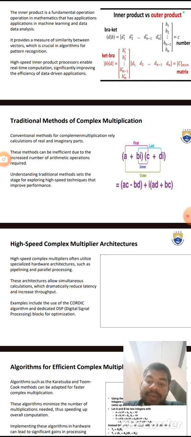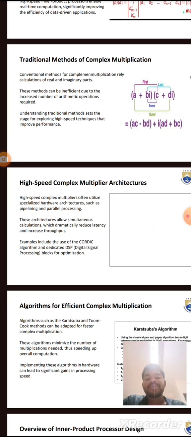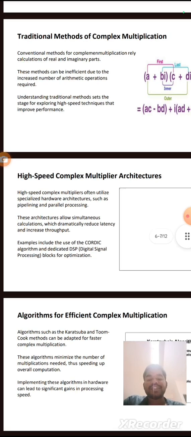Understanding traditional methods sets the stage for exploring high-speed techniques that improve performance. For example, in the figure: AC minus BD plus i times AD plus BC.